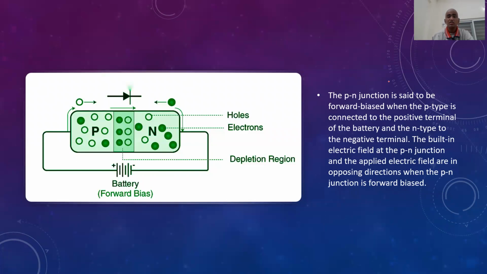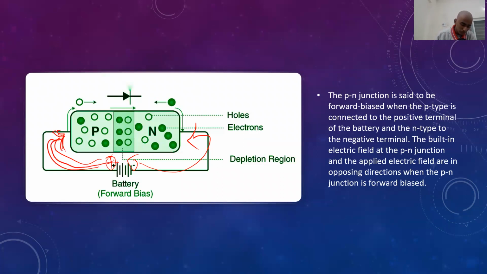The PN junction is said to be forward biased when the P-type is connected to the positive terminal. As we can see here, the positive terminal of the battery is connected to the P-type and the negative terminal is connected to the N-type. The built-in electric field of the PN junction diode and the applied electric field are in opposing directions while the junction is forward biased.